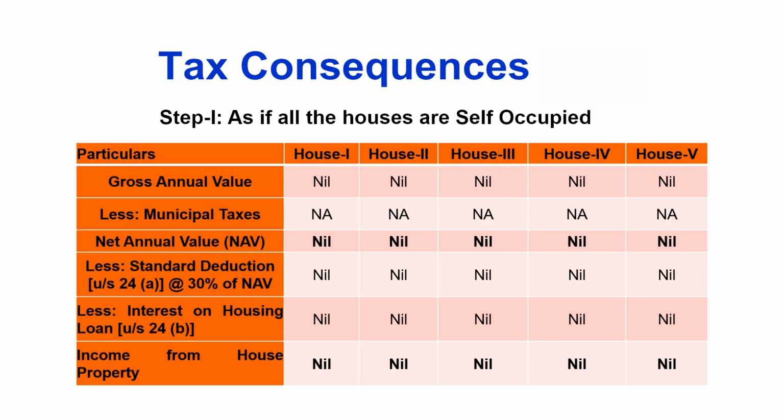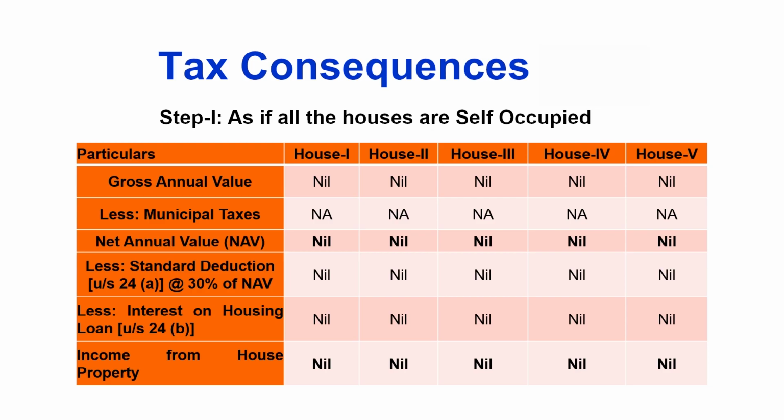In step 1, as if all the houses are self-occupied, as shown in the picture, the gross annual value for all the houses is nil. Municipal taxes are not eligible for deduction, so we get net annual value nil for all the houses.